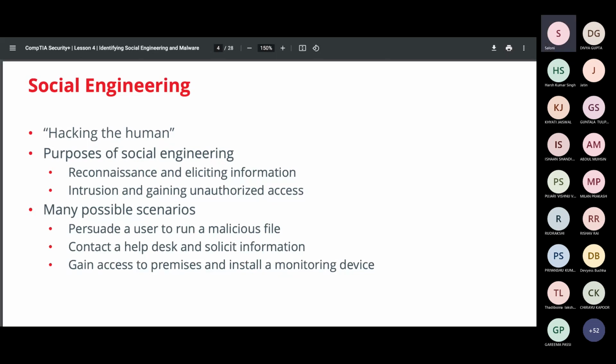Now see, adversaries can use a diverse range of techniques to compromise a security system. The prerequisite of many types of attacks is something basic.